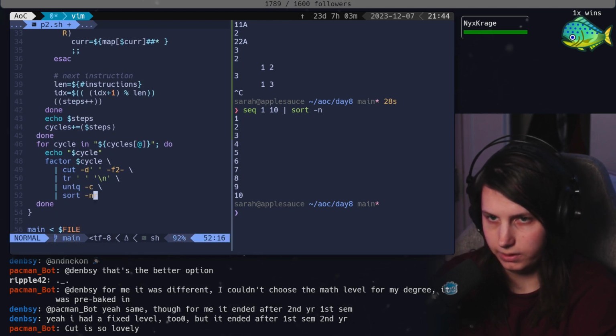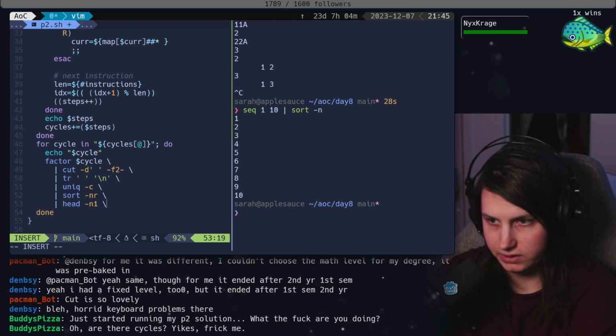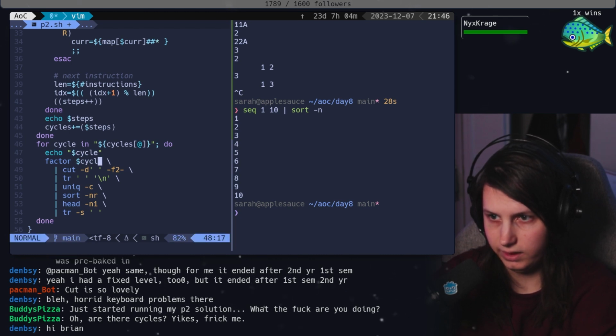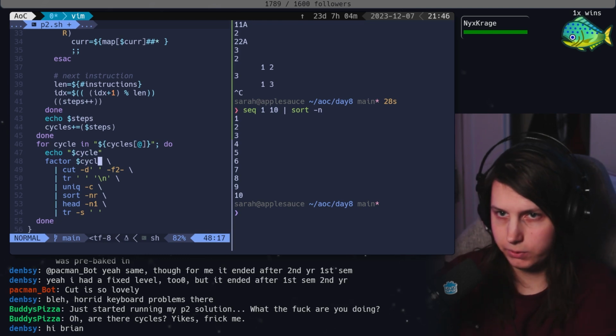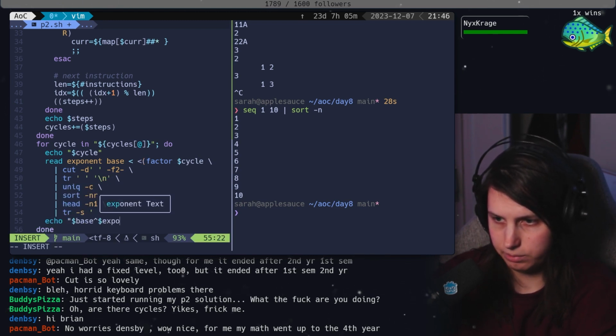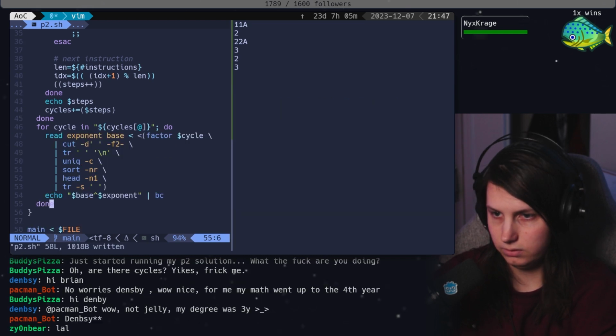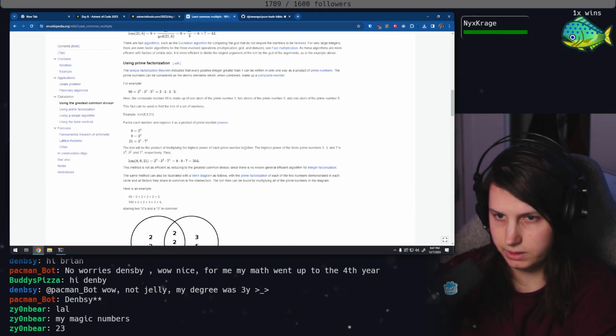But we want the other way because we want the biggest one. We need to squeeze the spaces, and this is going to give us our exponent and our base, and we're going to echo base to the exponent into BC. Okay. Then we just multiply those together, right?